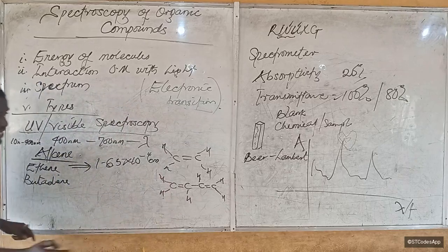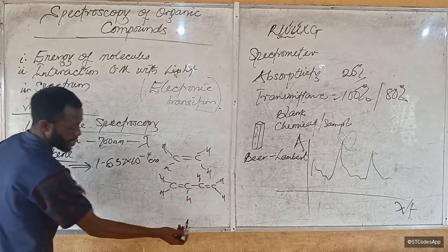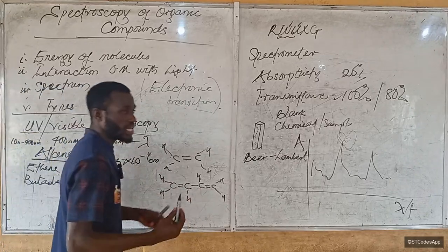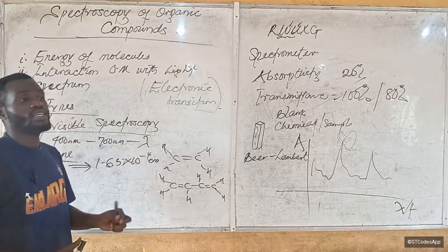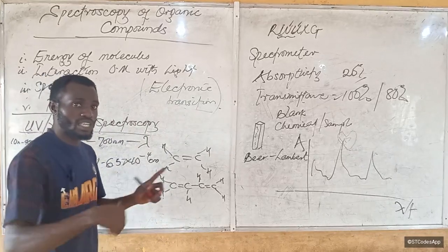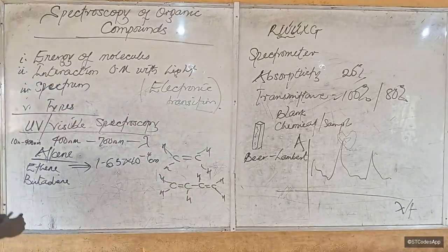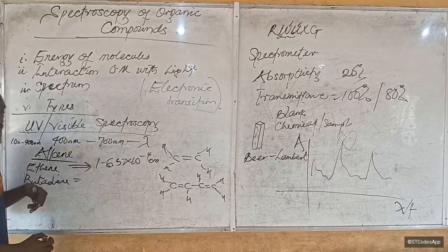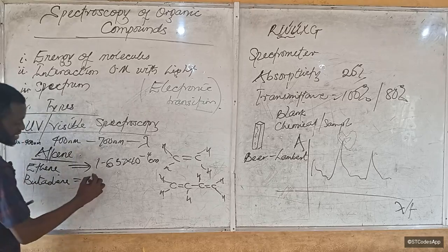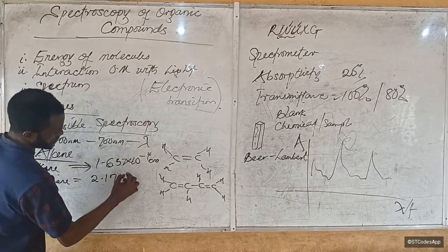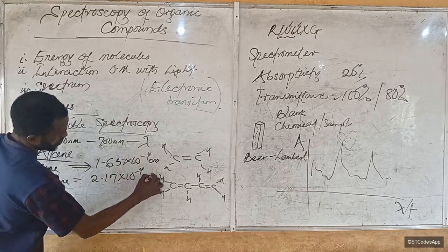So you are going to see that this one is conjugated. Why? Because a conjugated system is one that has double and single bonds following each other. So double bond, single bond, like that. So this one actually is able to absorb at about 2.17 times 10 raised to the power minus 4 centimeters.